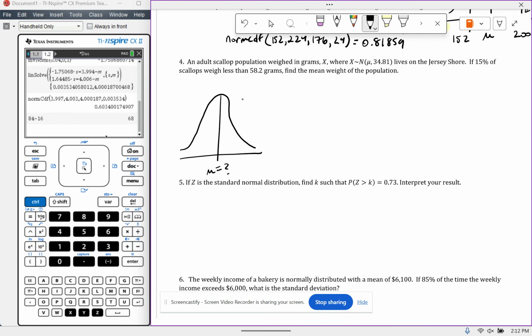Okay, so we're trying to find... Don't forget to square root, guys. Thanks, King.